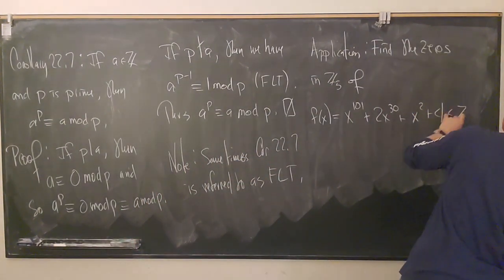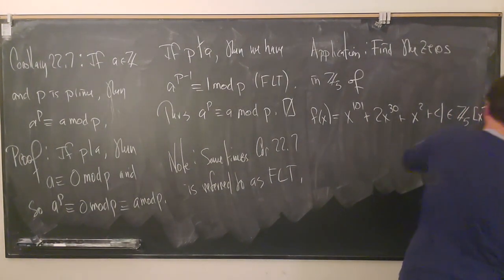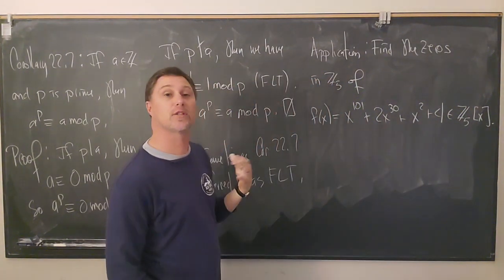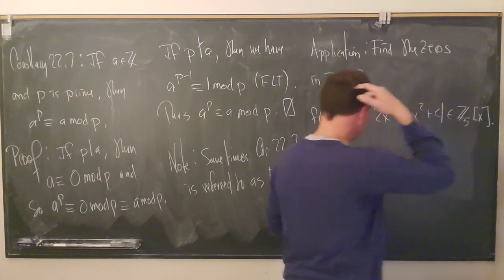So we're viewing this polynomial as living in Z5 bracket x, and we'd like to identify the zeros of that polynomial.